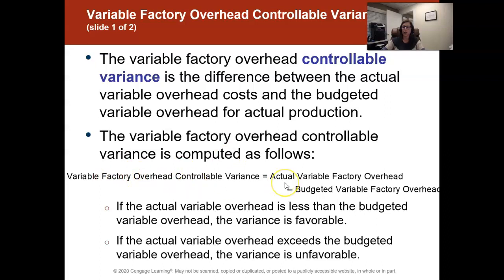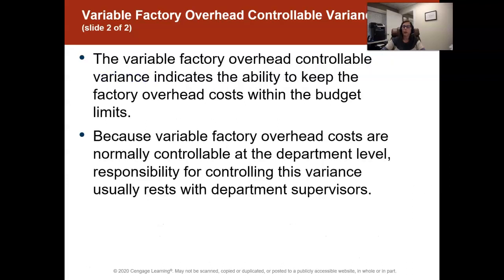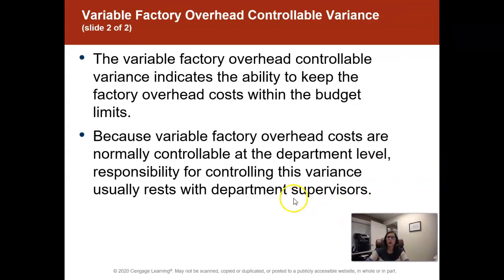To calculate this, we look at the actual variable overhead minus the budgeted variable overhead, and that tells us theoretically what the variable overhead controllable variance is. But the extent to which that was truly controllable needs to be investigated, not just assumed because we call it controllable.